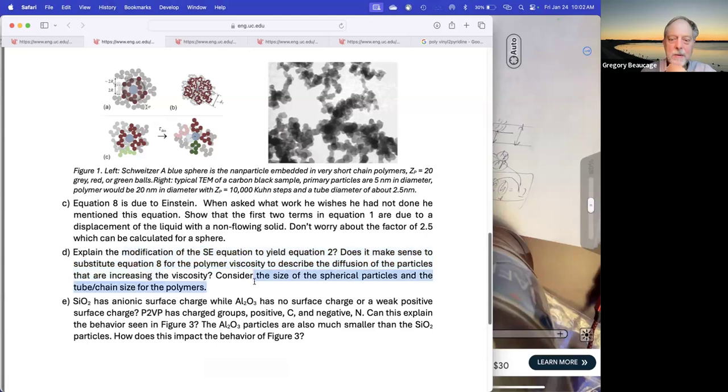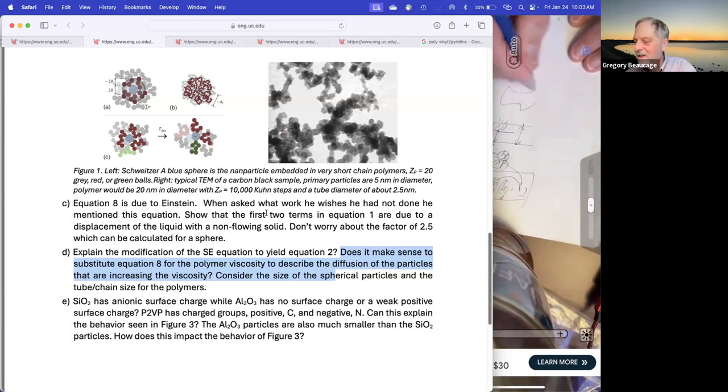Consider the size of the spherical particles and the chain size. All right, so does that equation make sense? There's some issue about the size scales here. You should draw realistically, like you have a network, so you have some distance, like the tube diameter or the entanglement distance, right?